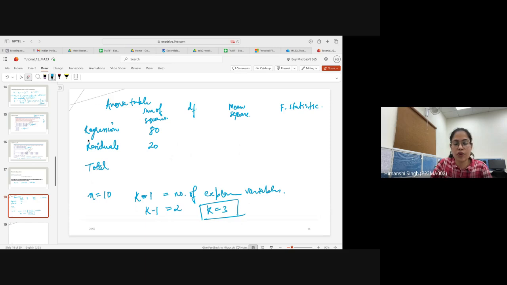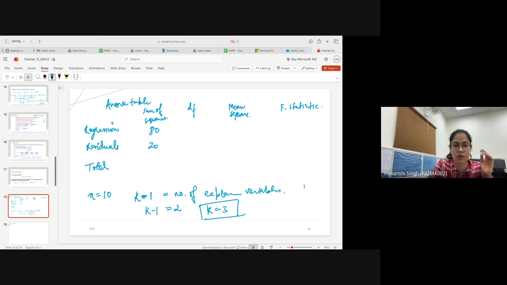What is the degrees of freedom for the regression term? As I've already discussed, for the residuals it was n minus k, but for the regression it is equal to the number of explanatory variables only.